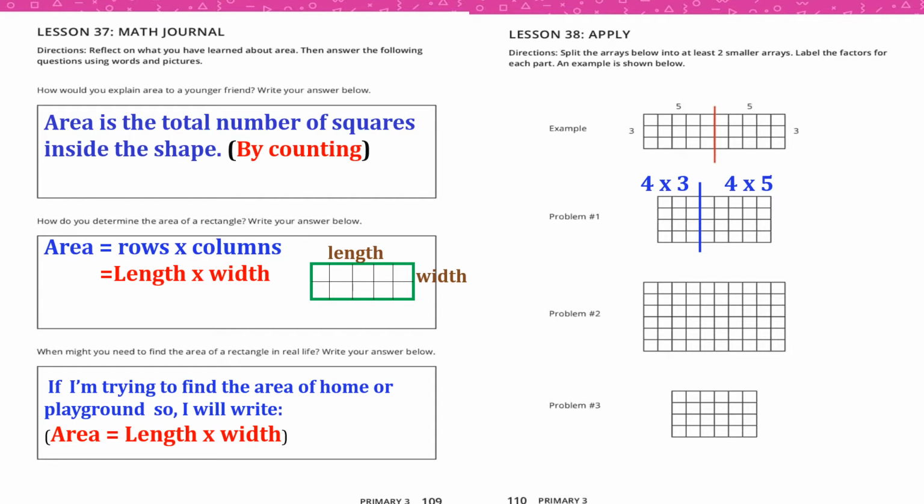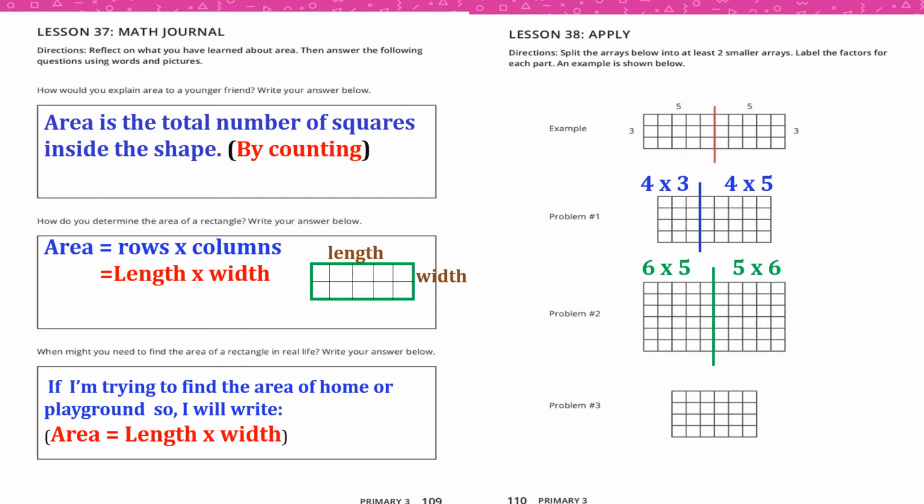In problem 2, I will split this large array into two smaller arrays like this. The first array will be 6 rows multiplied by 5 columns. So 6 times 5, 30. And the next one will be 5 times 6, 30.